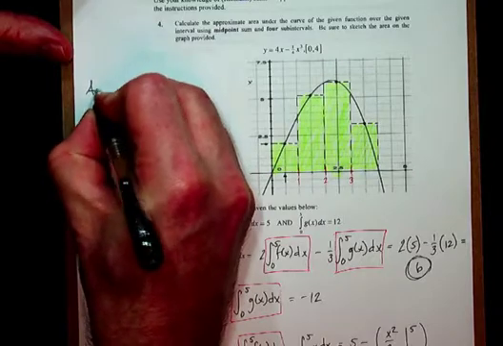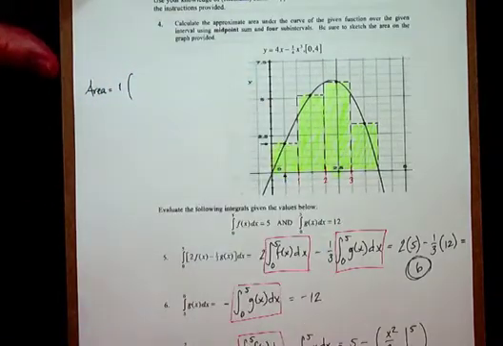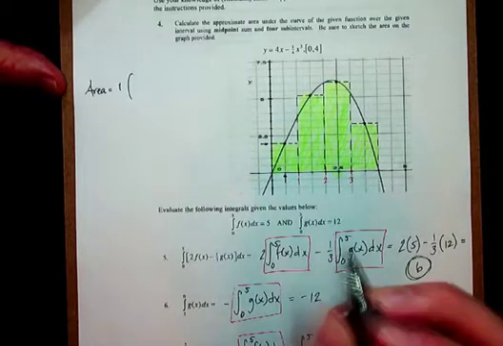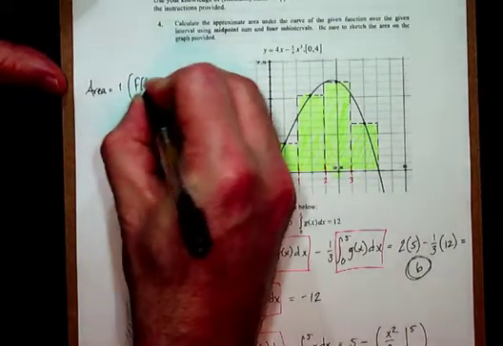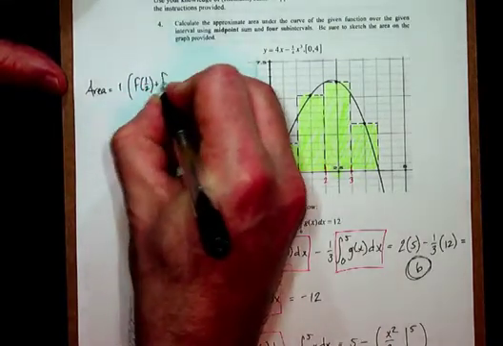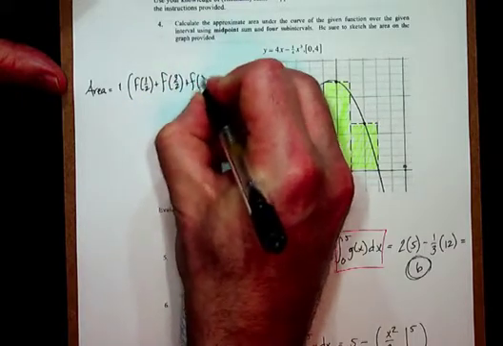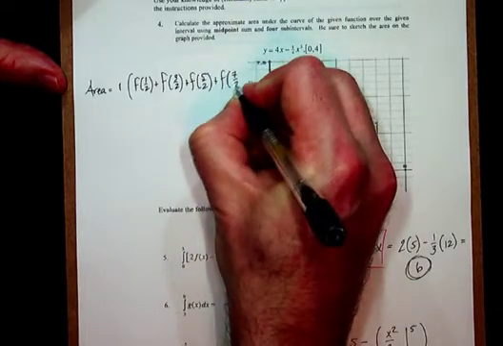So our area approximation is going to be 1, that common width. I'm not going to make the same mistake as I did last time, catching myself. And basically then it needs to be f of 1/2, f of 3/2, f of 5/2, and f of 7/2.